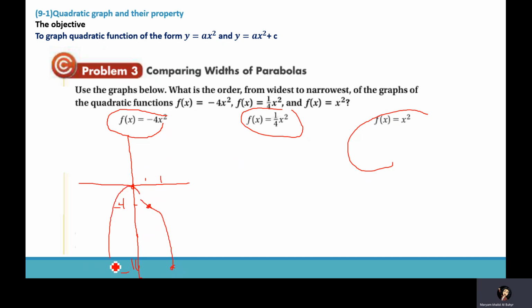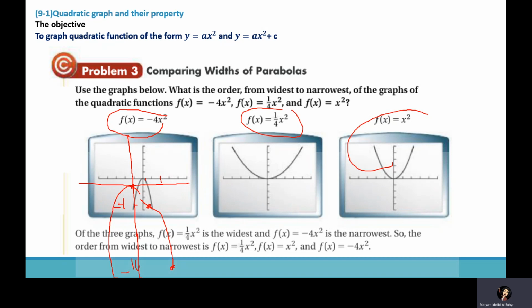I will try to graph them. I can just show you the graph more easily. Now, this is the graph for this one. You will notice that this coefficient is smaller than this one. We don't just compare with the sign.